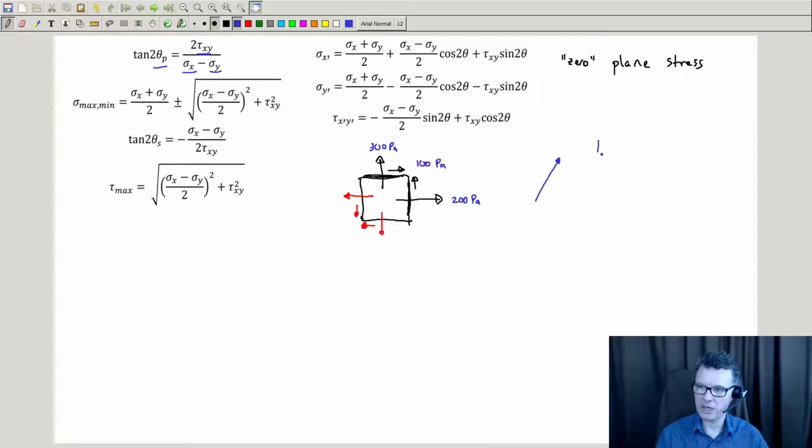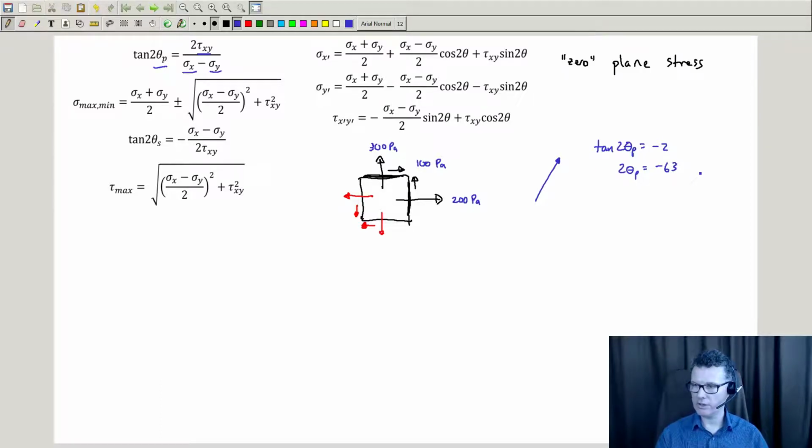So we would have tan 2 theta P equals 2 times 100 divided by 200 take away 300, so that gives me -2, and that gives me 2 theta P is -63 degrees.